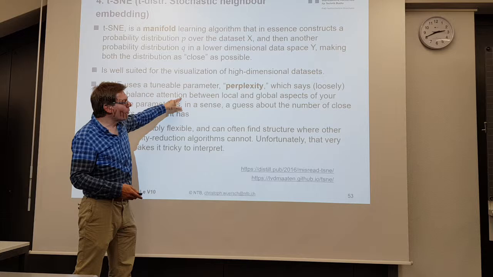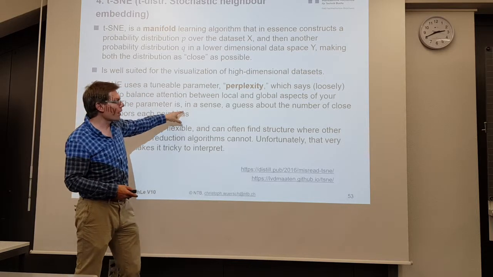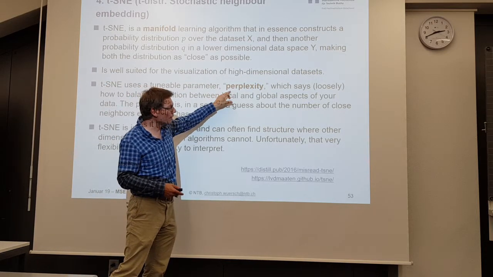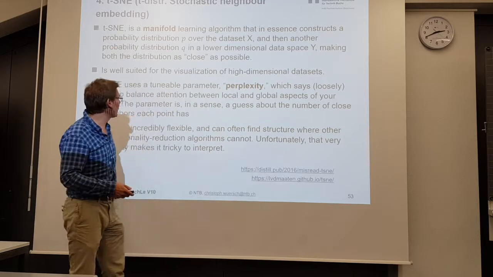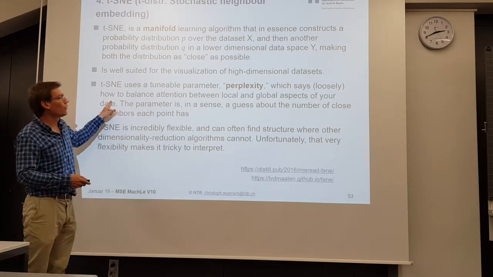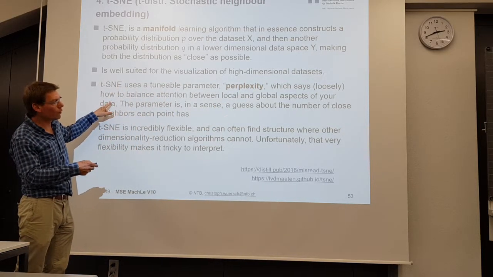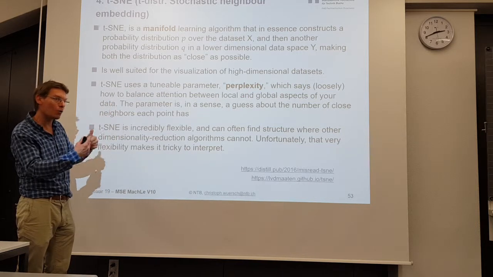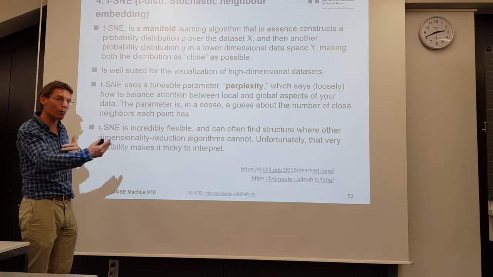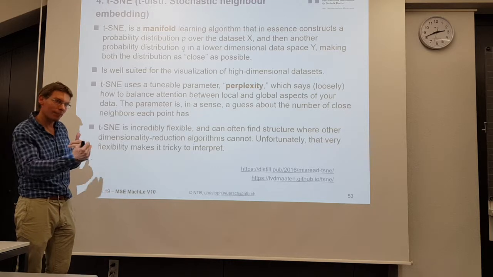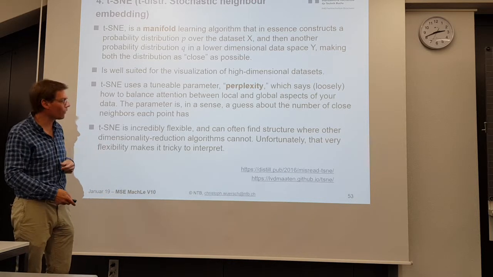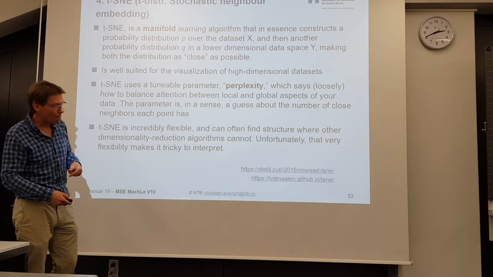Also here we have hyperparameters that we have to set. One is the perplexity, which says how to weigh attention between local and global aspects. How do we weight local things or global things? So it's a tuning parameter that we have to set on our own.